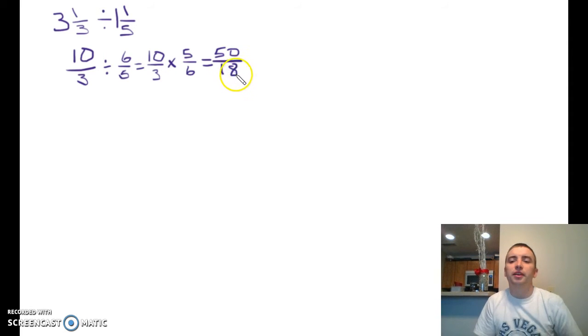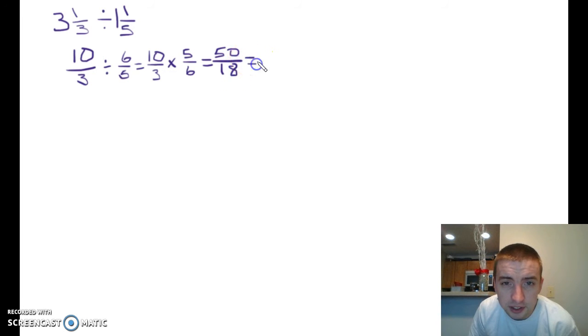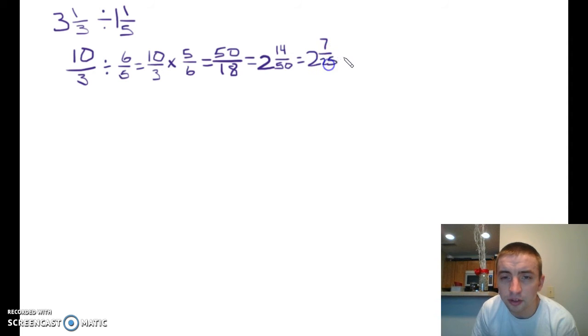So then 10 times 5 is 50. 3 times 6 is 18. So 50 divided by 18. 18 goes into 50 2 times, and I'm going to have 14 left over. So it should be 2 and 14/18, or 2 and 7/9.